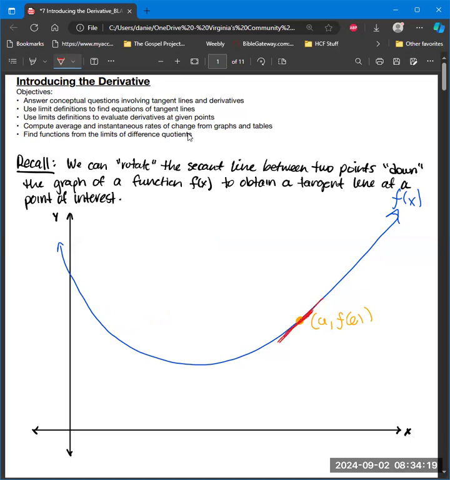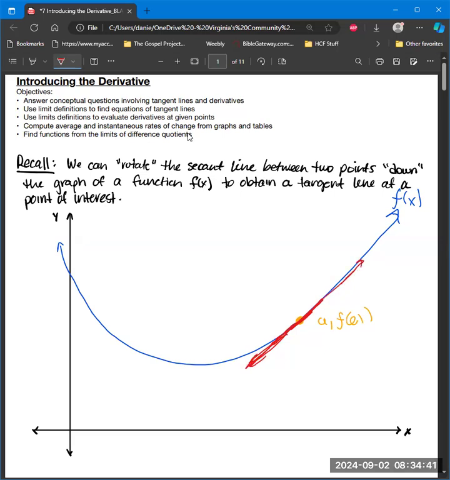It's a little better. There's my tangent line that I'm interested in. It just touches the curve there and has the same slope at that point.